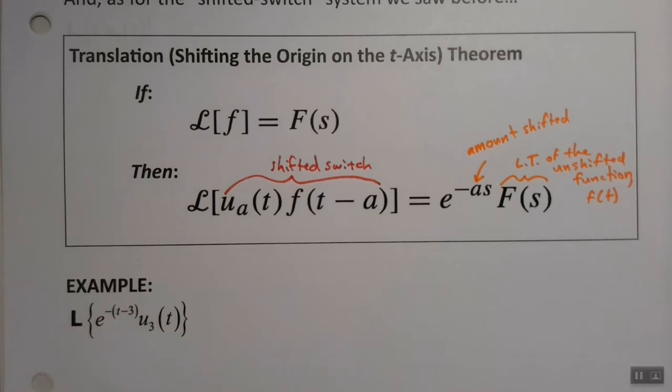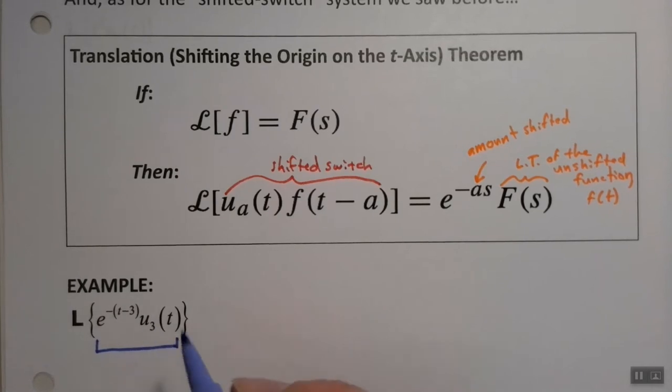So this really is a shifted switch already. It's written in a form nice and easy for us to see. This is a shift of f of t equals e to the negative t, 3 units to the right, technically.